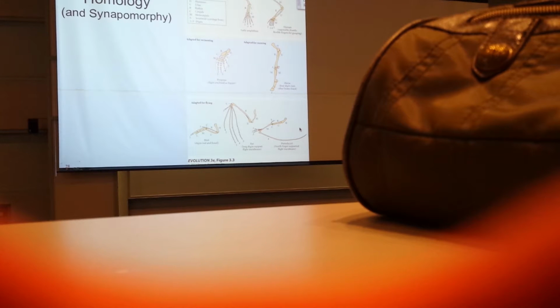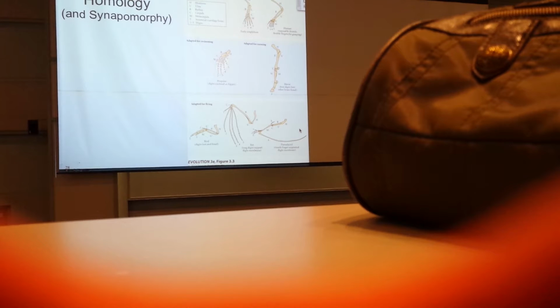Homology and also synapomorphy. So homology being characters that are descended from a common ancestor, synapomorphy being shared derived characters. These are simply showing us various bones that you have in your own body. So in the arm and the forearm, your fingers, all of these are found in lots of different organisms.